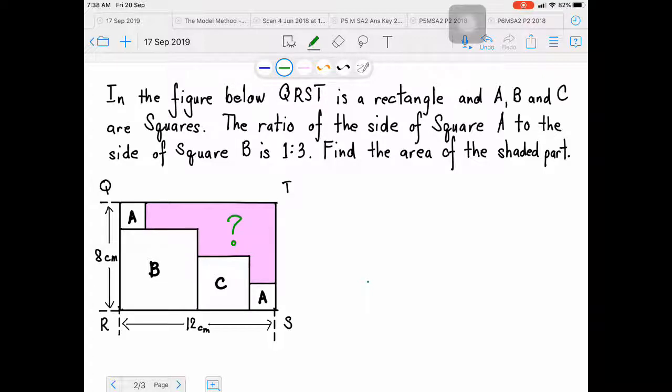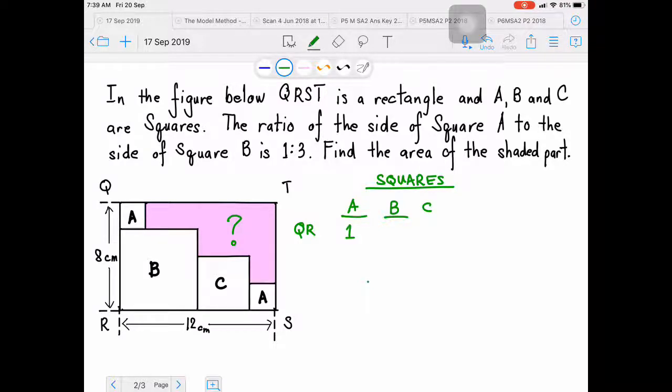Let's try to strategize by creating a table. So let's write squares. We underline that and we write A, B, and C. And if you notice on the left side, the length of QR, which is the side of the rectangle QRST, is 8 centimeters. And the ratio for the side of square A and square B is 1 to 3.